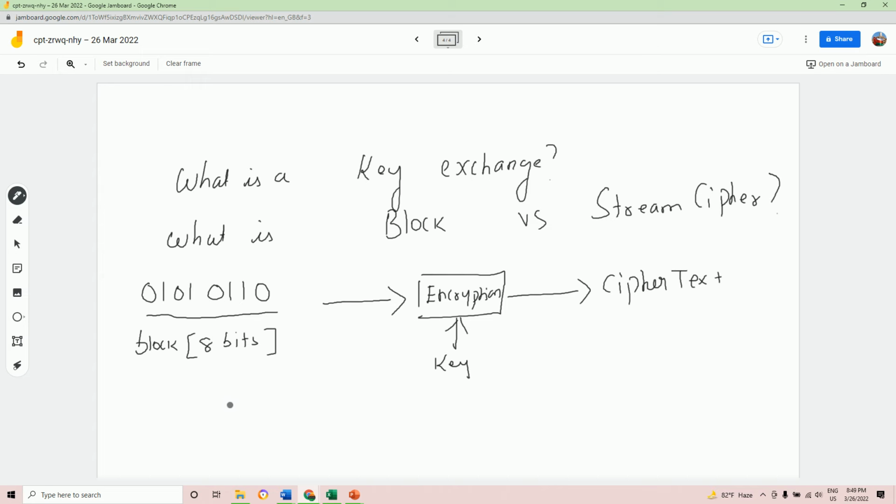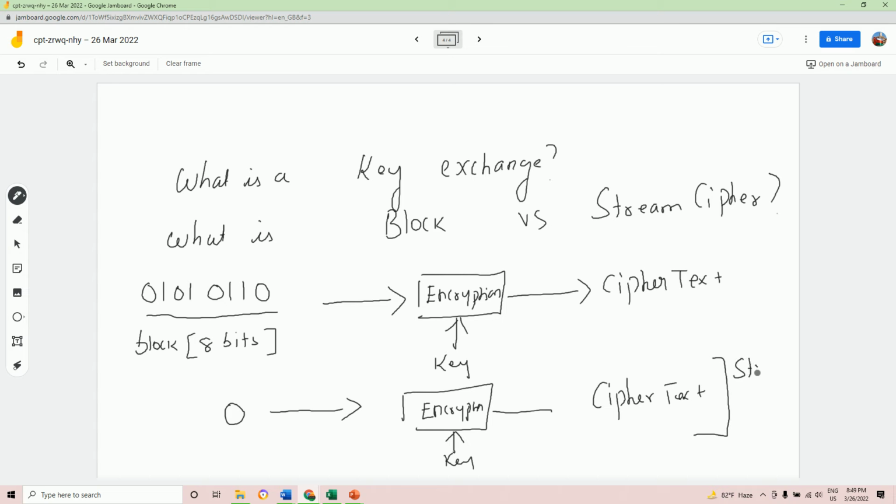Now suppose you see only one bit is encrypted at a time. Okay, only one bit at a time, then this is called stream cipher.